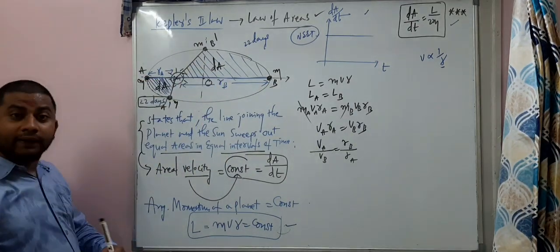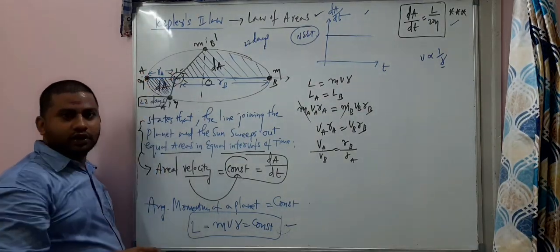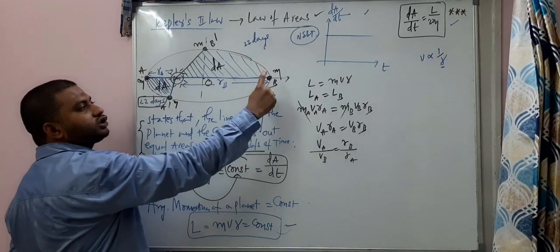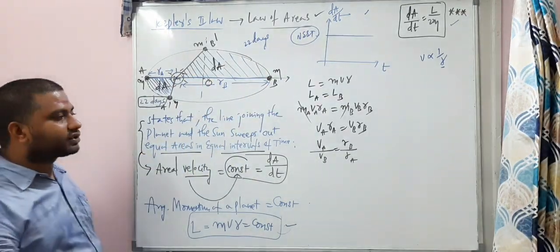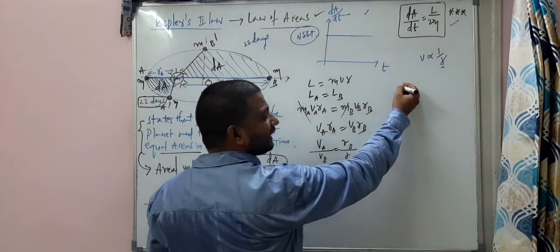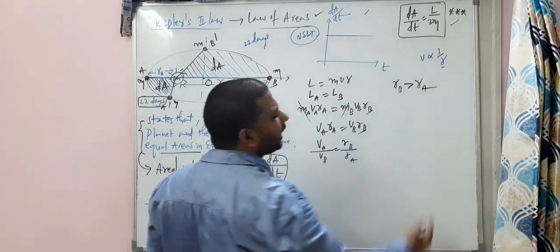RA is the position of the planet from the sun. RB is the position of the planet from the sun, which is greater here. Which is greater? I can say clearly RB is greater than RA.